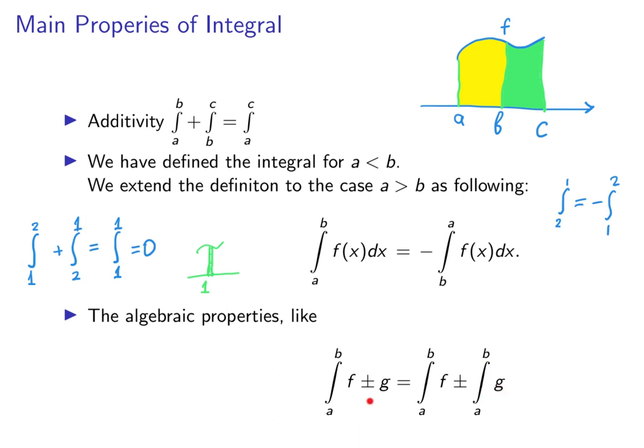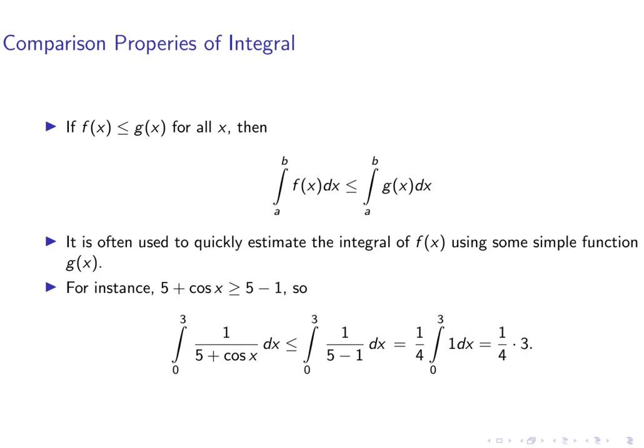To prove this, we again need to look at the Riemann sums, so we are going to leave this as an exercise. Here's another useful property. If we have two functions f and g, and if function g is always above the function f, then the integral of g is greater or equal than the integral of f.